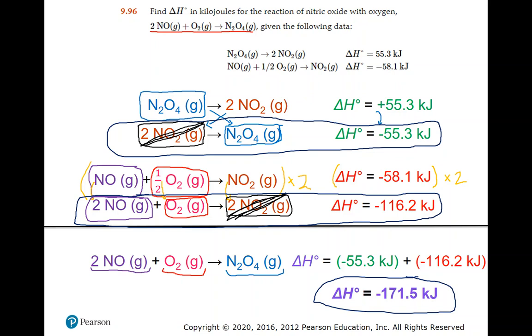So that's how you do Hess's law. The big thing to keep in mind here is what you want to do is look at the steps that you were given and try to rearrange them somehow, either by flipping them, multiplying them by a number, or in some cases just keeping them the way they're written, and trying to get each step to look more like our final equation.